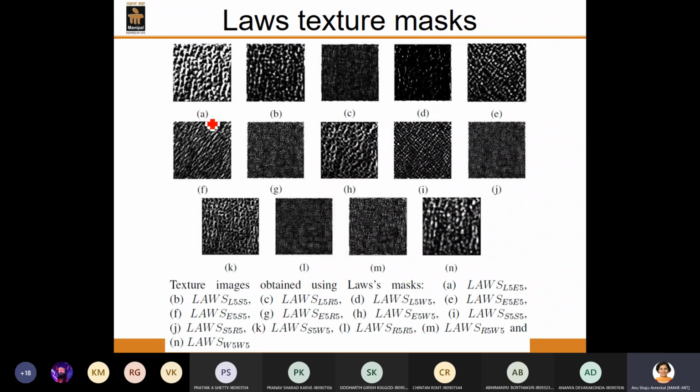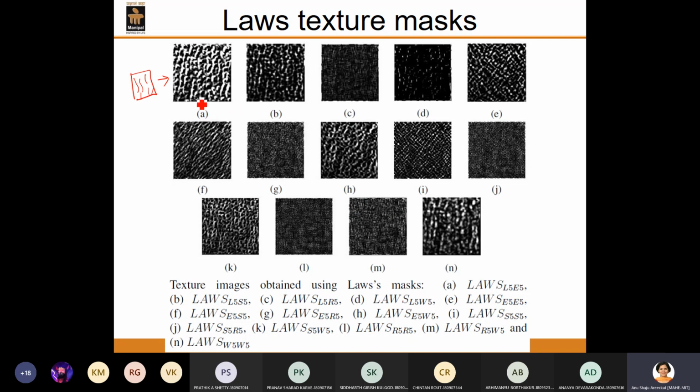This is for one single image which had some texture within, and by using these 14 different texture masks, you see the different textures that have been extracted from the image.